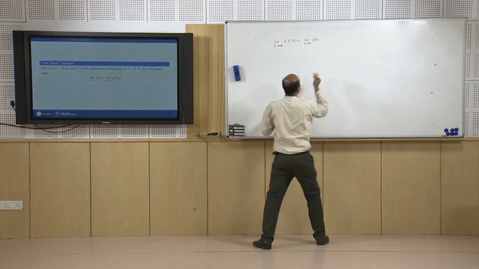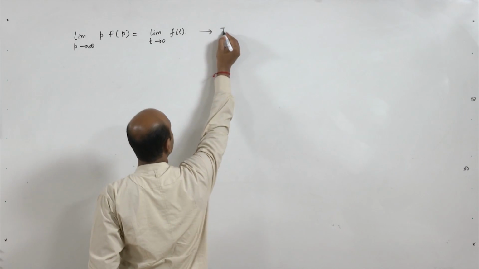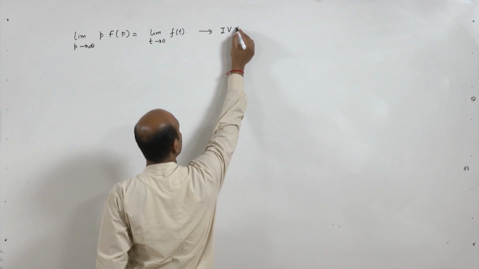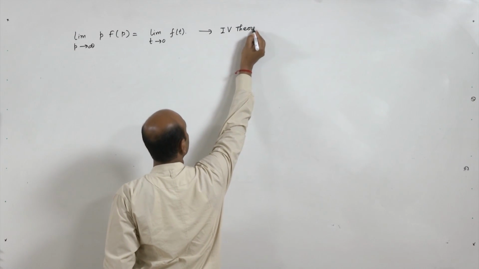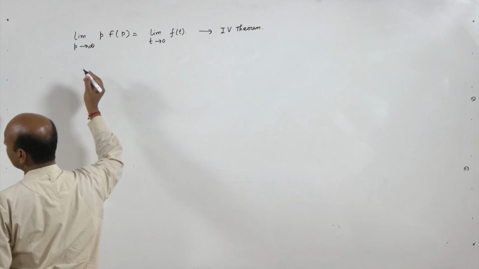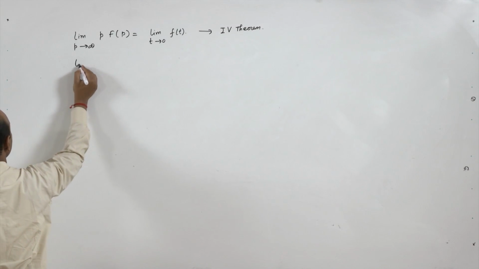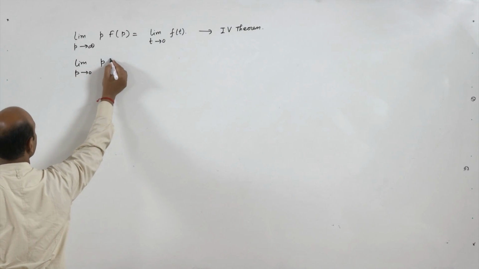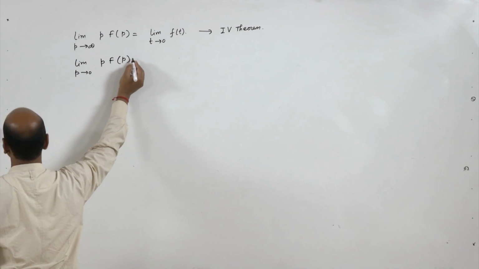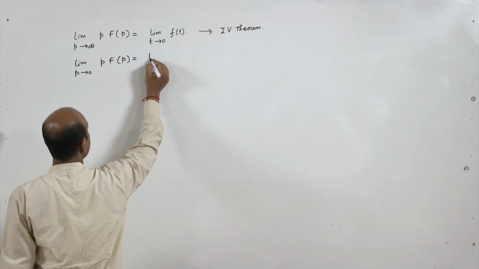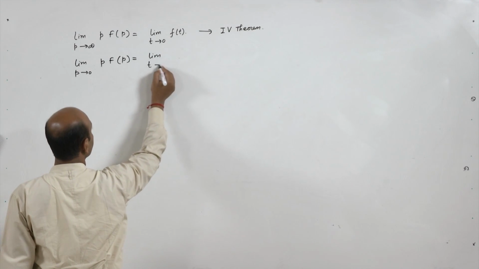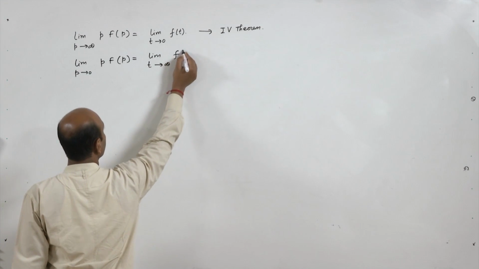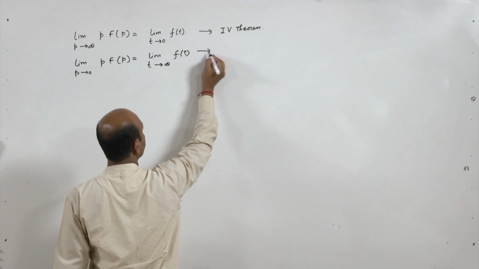This was the initial value theorem, and the final value theorem is limit p tending to 0 of p f p is nothing but limit t tending to infinity f t. So, this is the final value theorem.